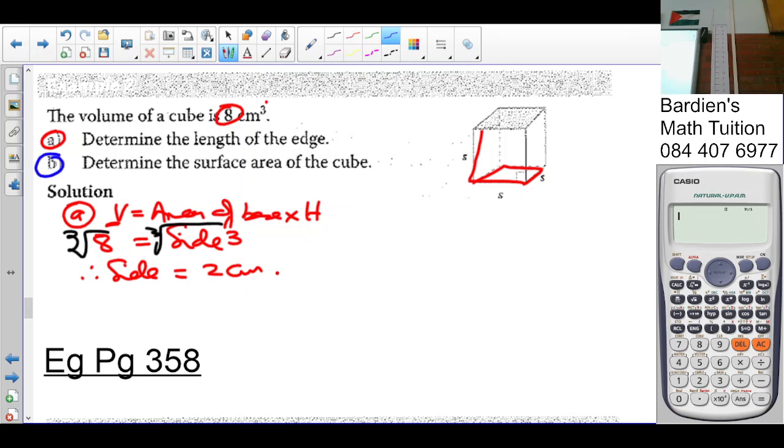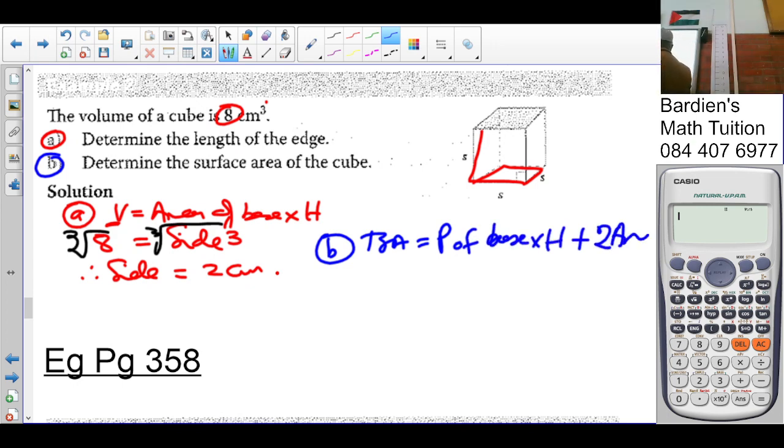Let's look at B. B says determine the surface area of the cube. How do you calculate the total surface area? Perimeter of base times height plus 2 area of base. So what type of shape is this base? Square base.